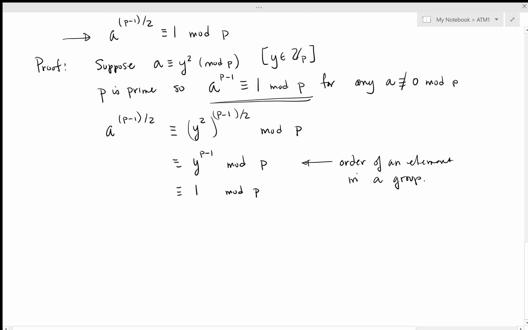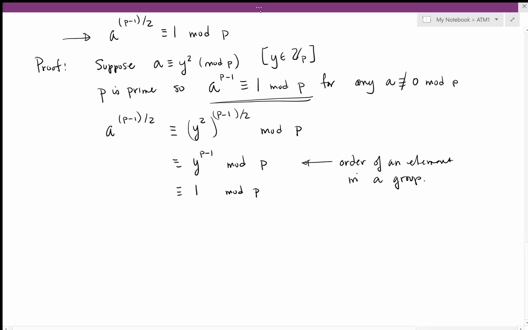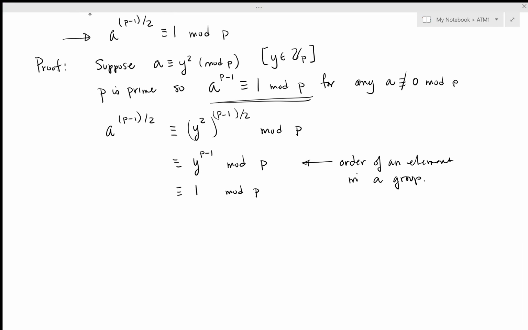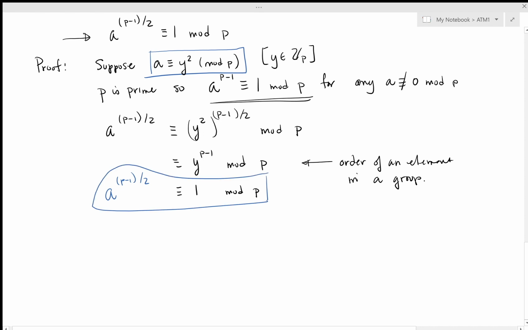Okay, so we have now, in fact, the one direction. We started with the assumption that A is a quadratic residue, and we have shown that if A is a quadratic residue, then A to the (P minus 1)/2 is congruent to 1 mod P. So now we've done the proof in one direction.